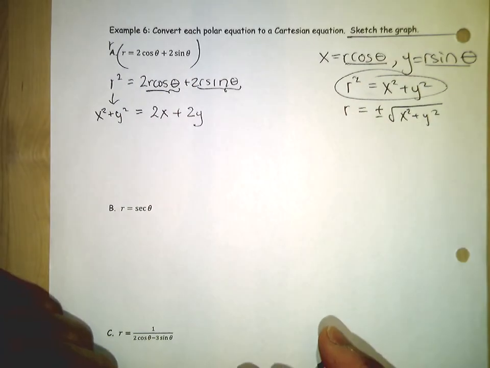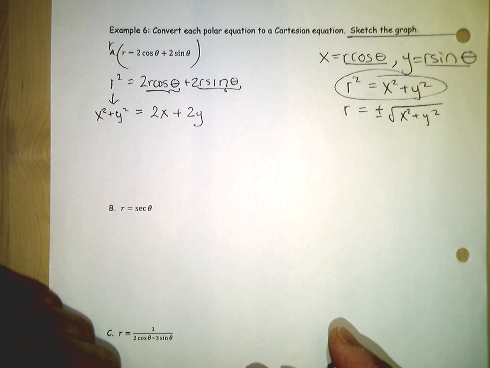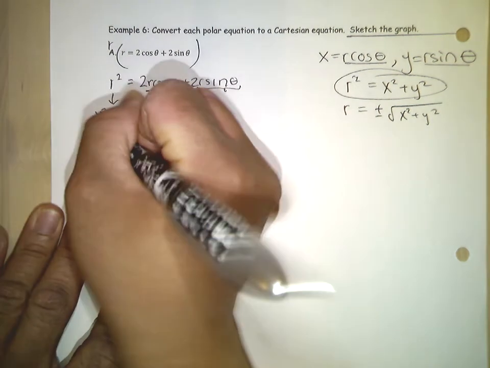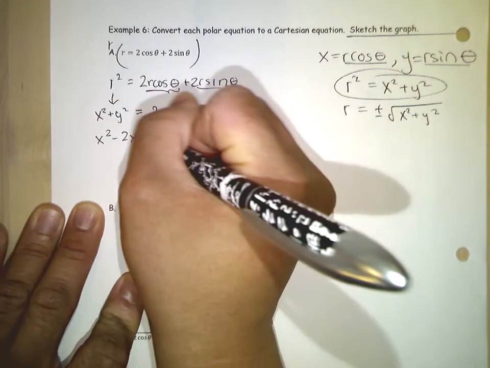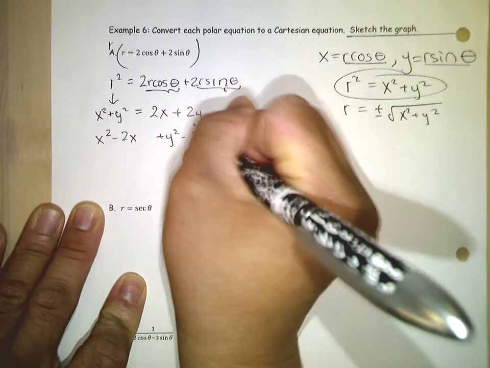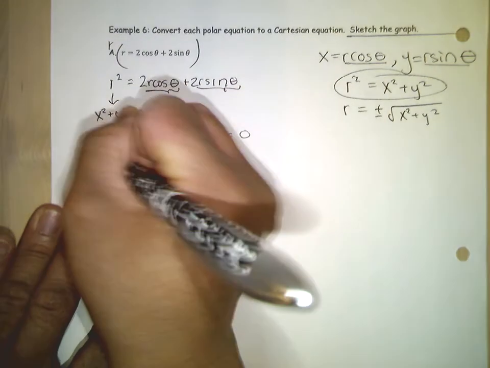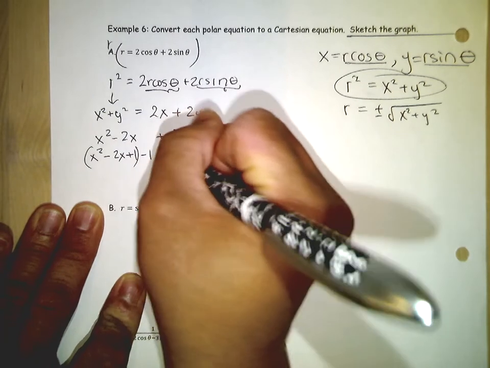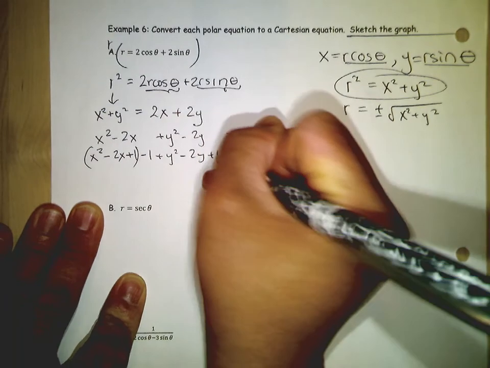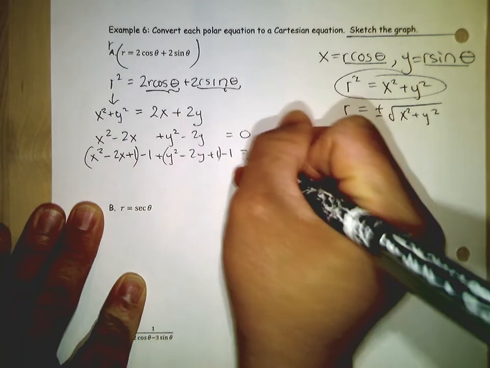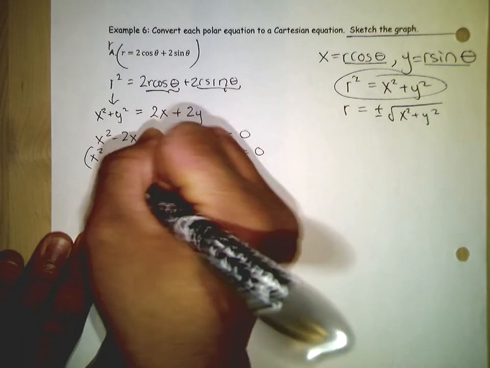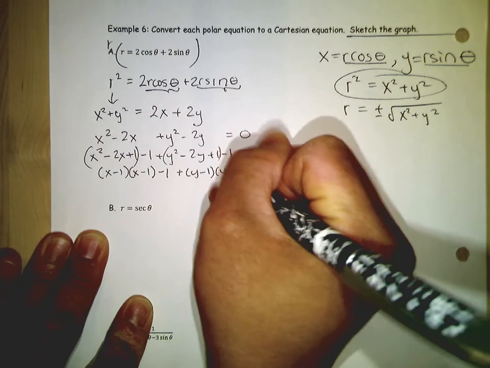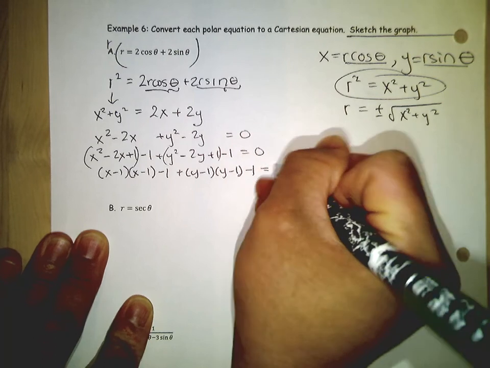And then I can use completing the square just like I showed in the last example. So x squared, I'll subtract the 2x, plus y squared, subtract the 2y, equals 0. Then complete the square, plus 1 minus 1. And then again, plus 1 minus 1 equals 0. So we have x minus 1 times x minus 1 plus y minus 1 times y minus 1 equals 0.